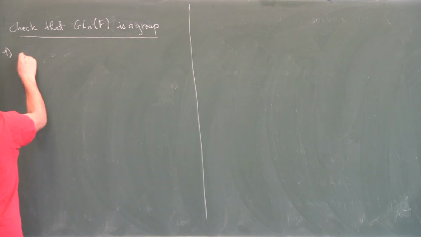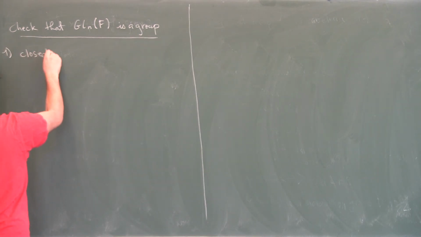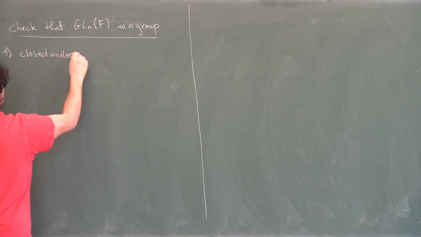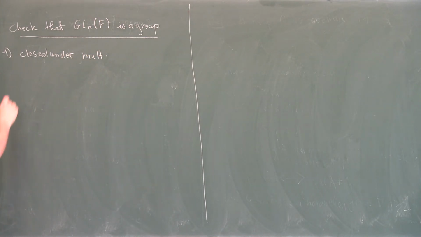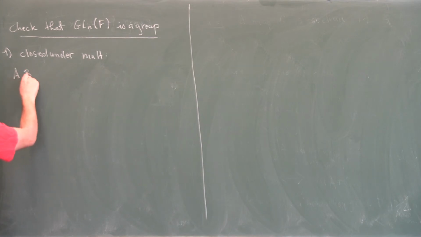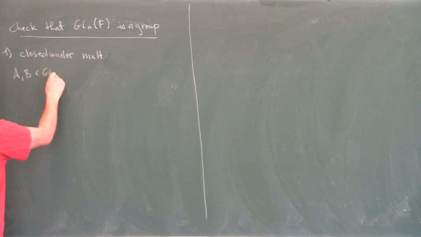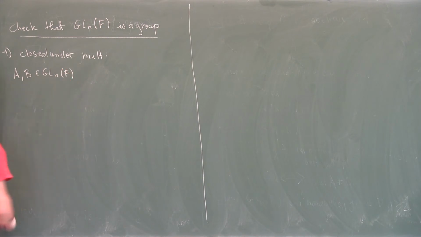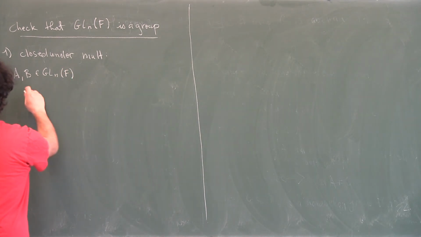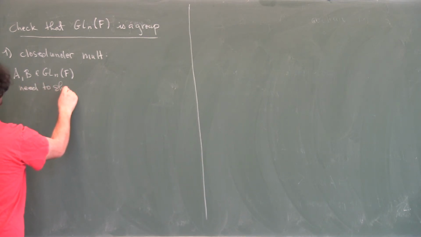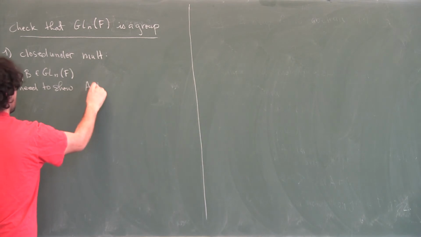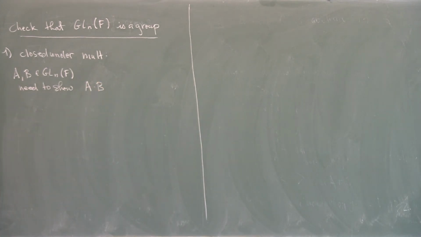So we should check that it's closed under multiplication first. What does this mean? I take A and B in GLN of F. I need to show that the matrix product A times B is again in GLN of F.